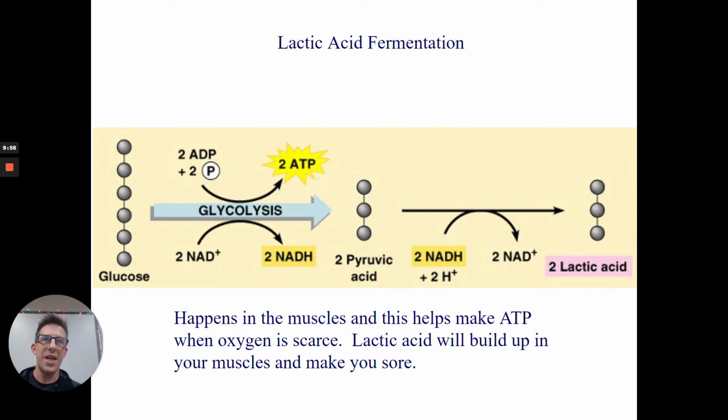But a more important byproduct of lactic acid fermentation is the fact that it regenerates NAD+. So when your body is low on oxygen, you're huffing and puffing from a big workout, or you're playing a competition game, football, basketball, soccer, volleyball, softball. I could name them all. I'm just trying to be equal there.